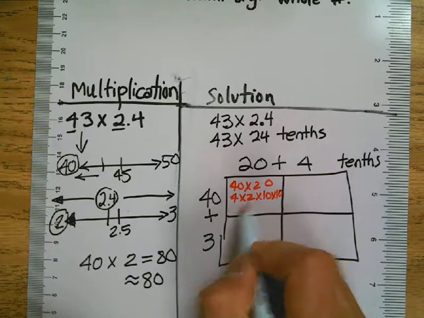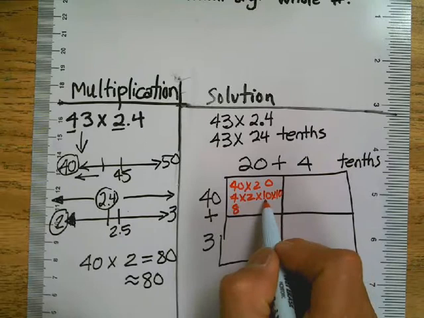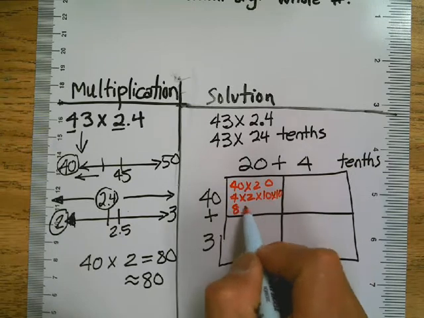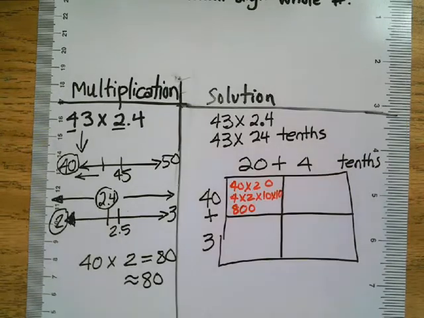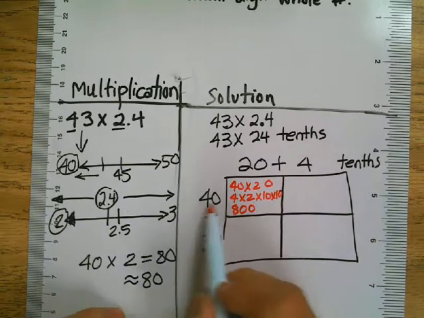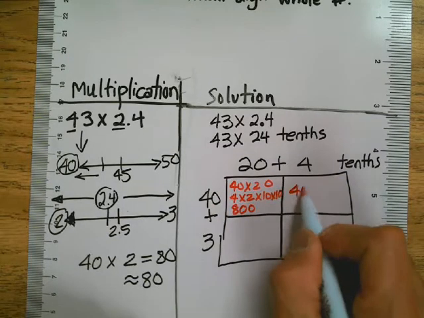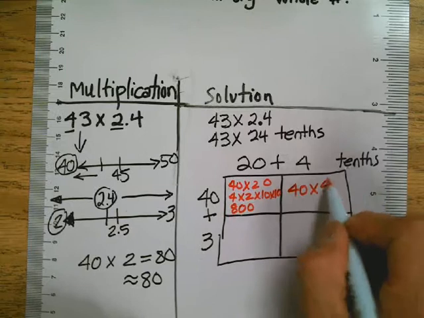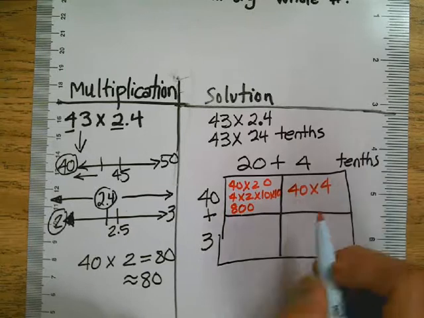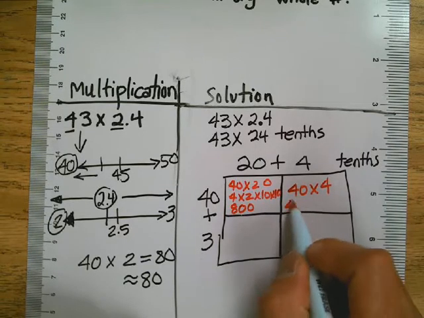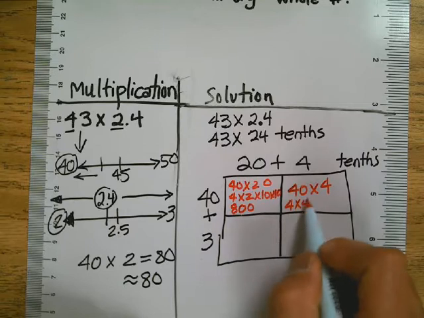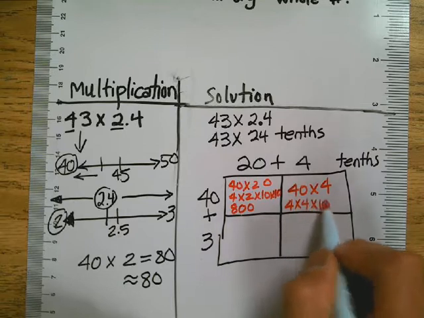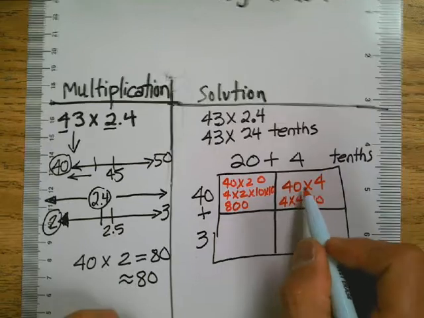That is our answer. Now we're going to multiply 40 times 4, my friends, and then there's a 4/10. So that's going to turn into 4 times 4 times 10. Remember, the 0 represents a 10. So that's 4 times 4 equals 16, times 10 is 160.